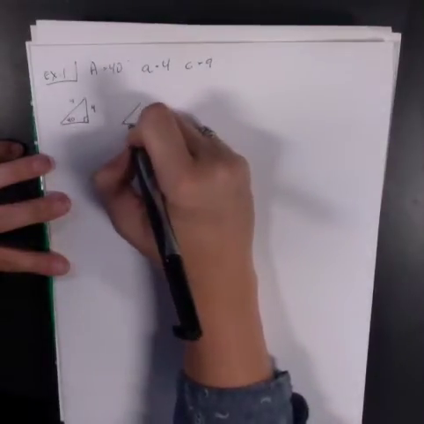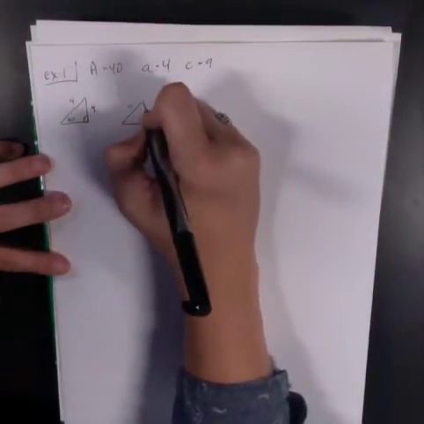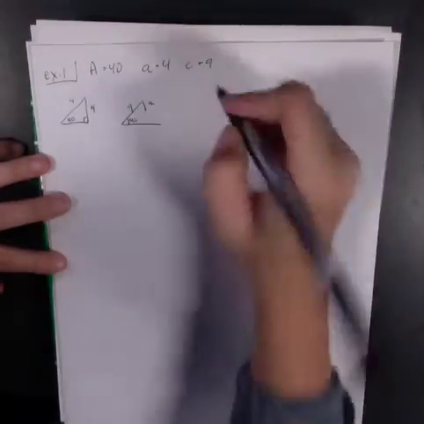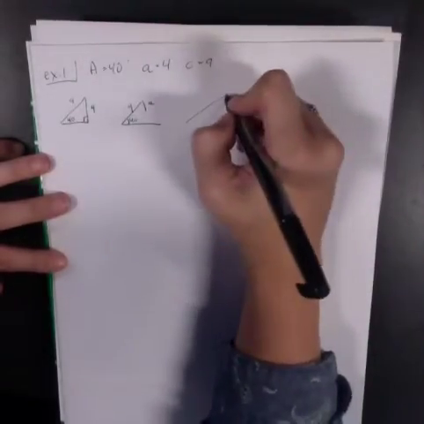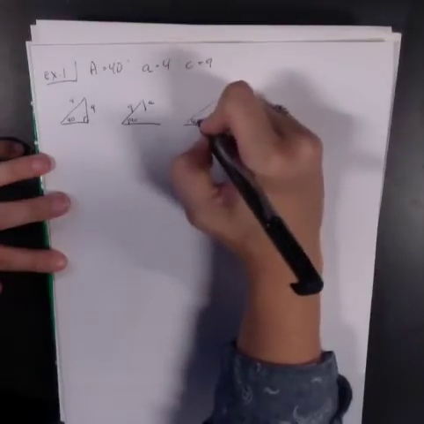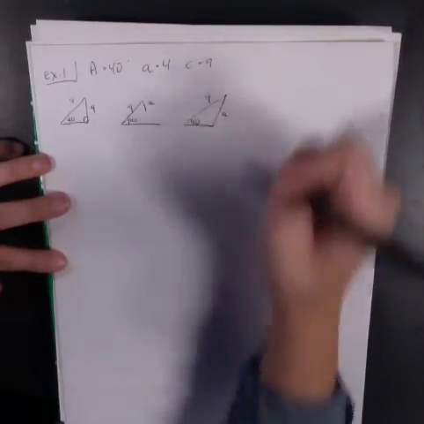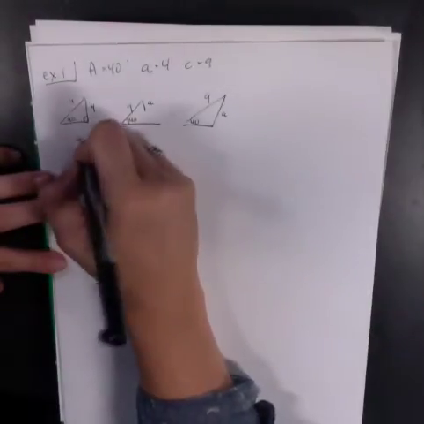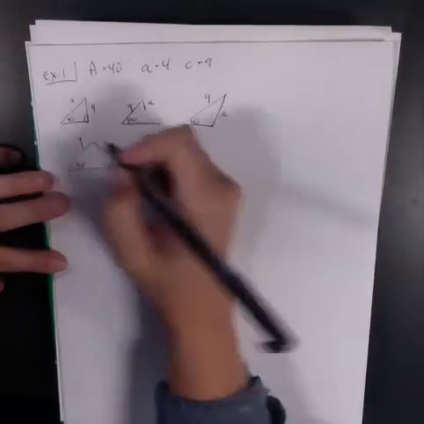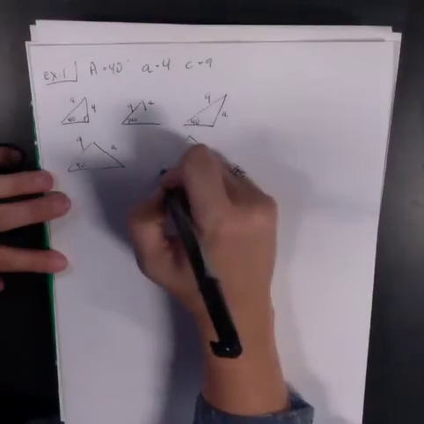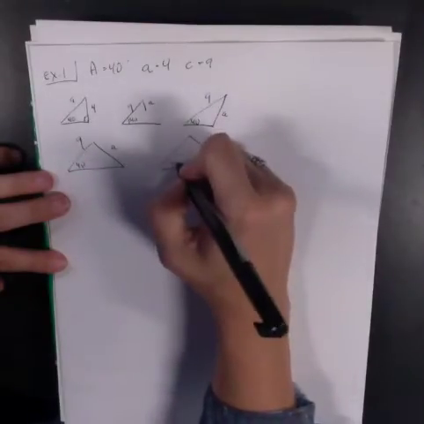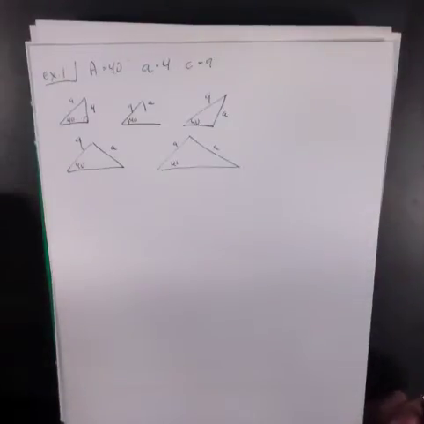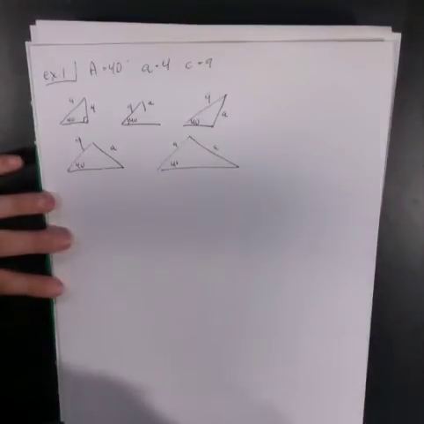We could have other cases with 9, 40, and a. So the first thing that we have to do is solve for our height.